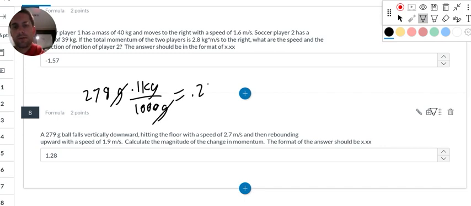So 0.279 kilograms is our mass. Now I know it's hitting the floor with this speed, 2.7, then rebounding upward with this speed. I'm going to say down is negative. This time I have this change in momentum magnitude.